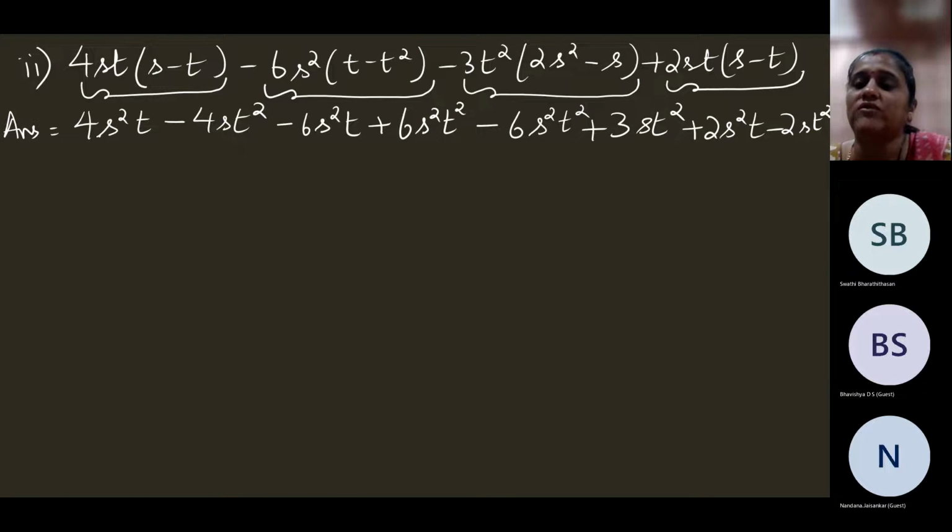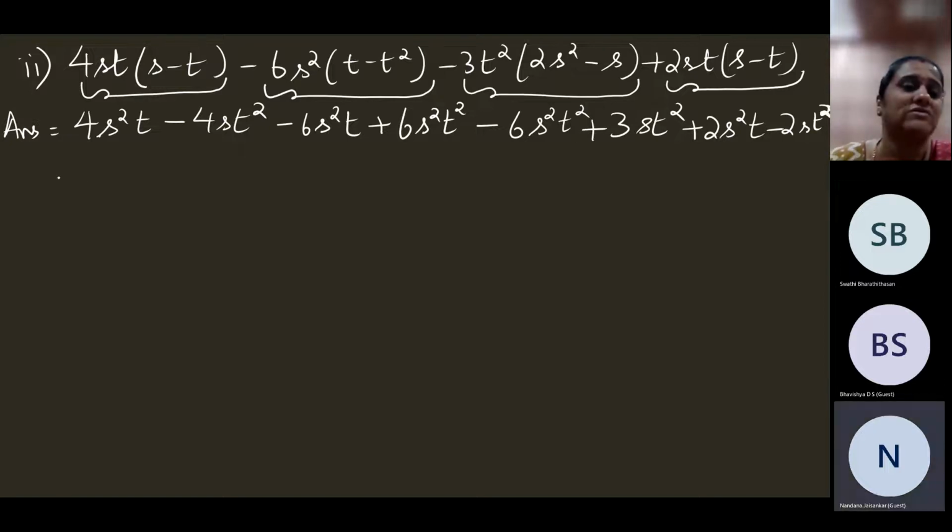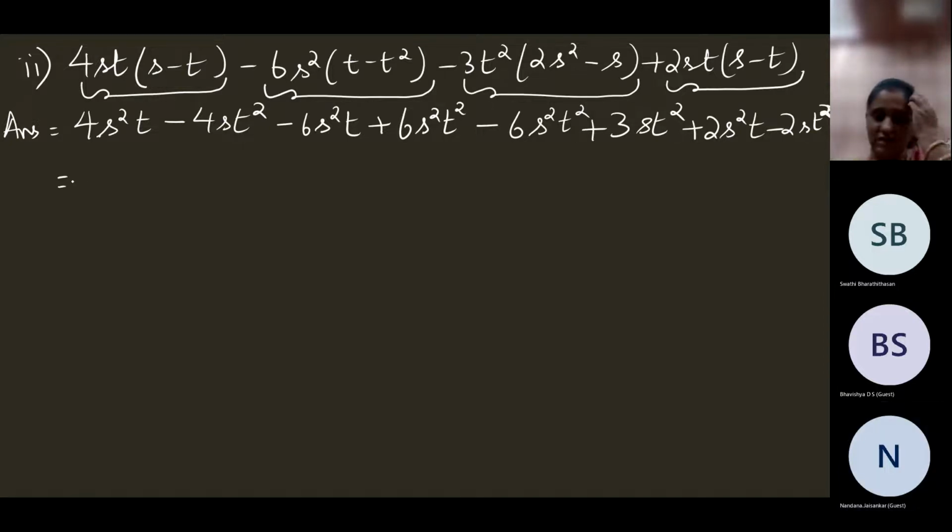Now all of you simplify in your notebooks and tell me the final answer. What are the different terms you have here? I think you have s square t, st square, and s square t square. Just group them and write it first.